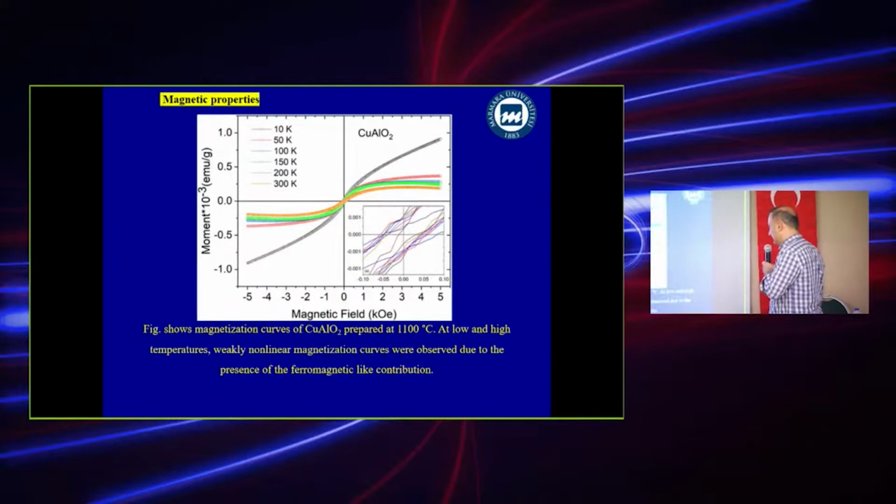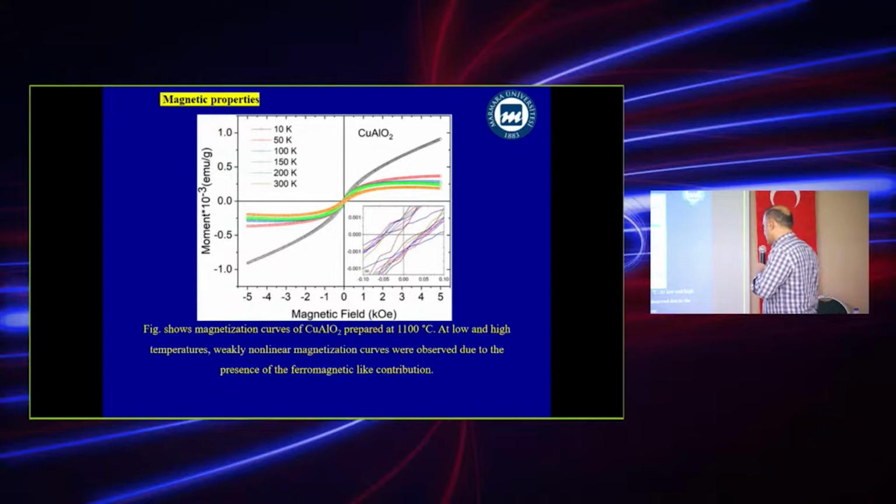Here are the magnetic properties. First of all, we want to understand what happens when we prepare the sample at 1100 degrees centigrade. At low and high temperatures, weakly non-linear magnetization curves were observed. You see we used different measurements at 10 Kelvin, 50, 100, 150, 200, and 300 Kelvin.